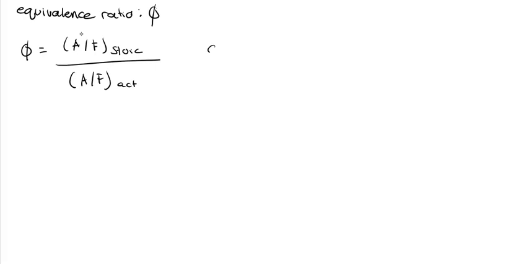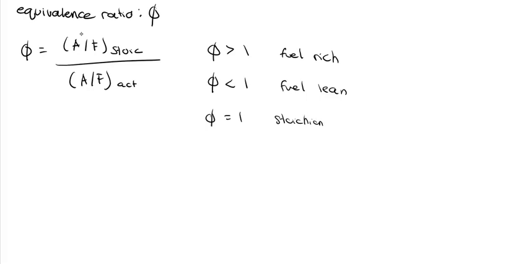By this definition, if our value of phi is greater than 1, this is a fuel-rich mixture. If our value of phi is less than 1, this is a fuel-lean mixture. And if our value of phi is equal to 1, then this is a perfectly stoichiometric mixture.